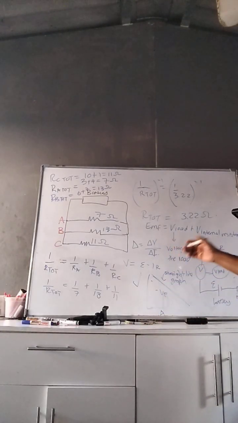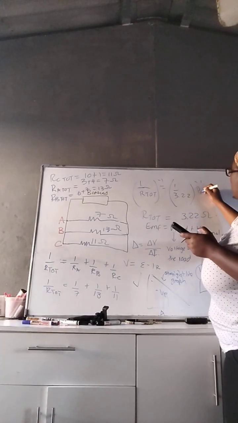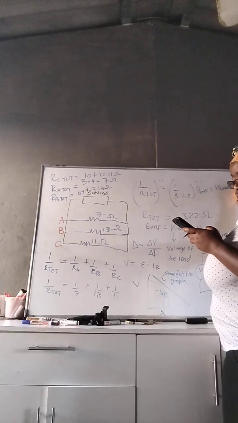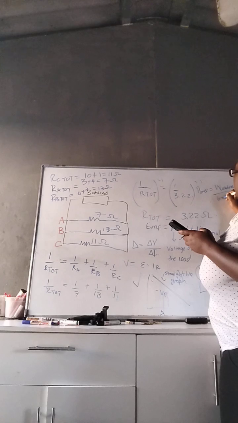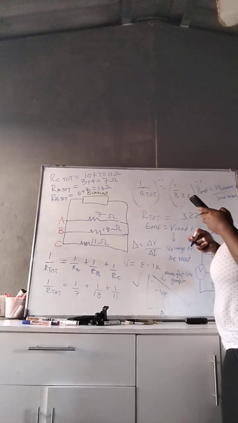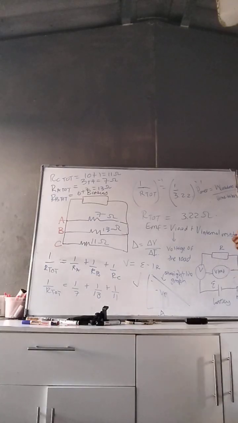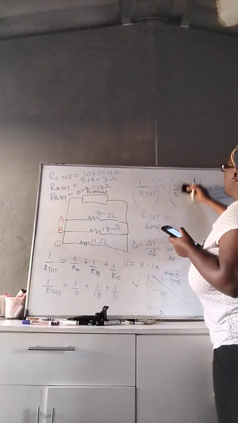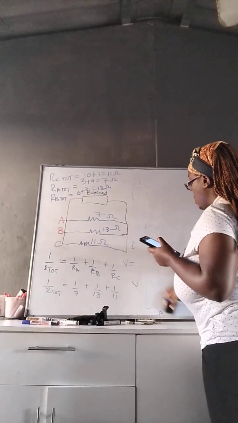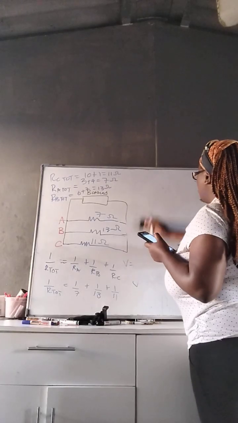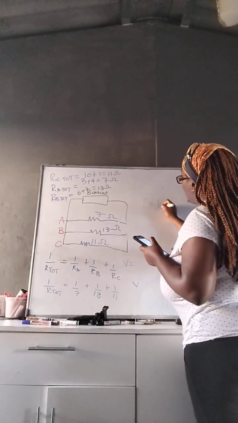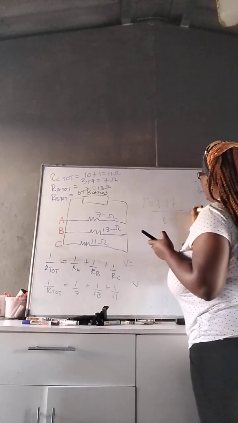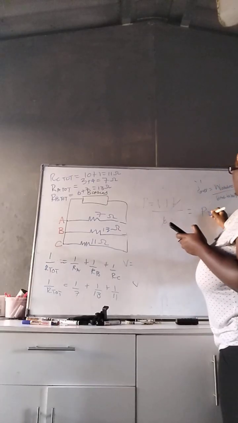Okay, and then how do we get power? Power is equal to the work done over the time taken, right? So work done over time taken can be represented by the formula P equals VIt over the time. So it automatically gives us P equals VI.